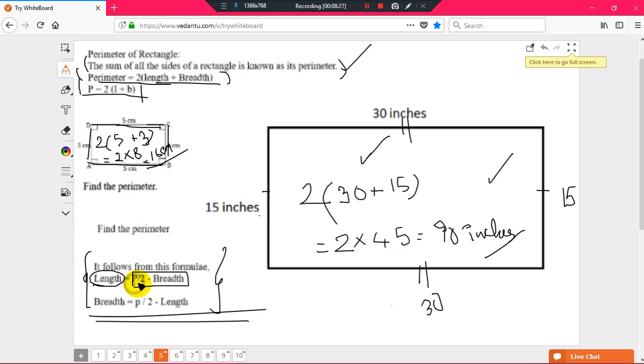P is perimeter. We divide the perimeter by 2, and then subtract the breadth. For breadth, same, P by 2 minus length. Here, for length, the opposite is breadth, and for breadth, the opposite is length. That's why.